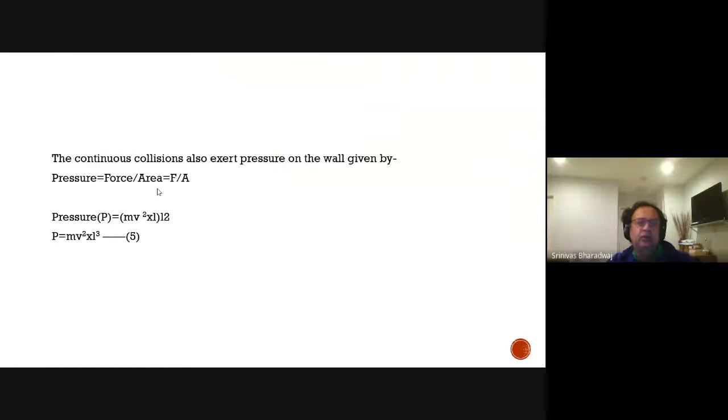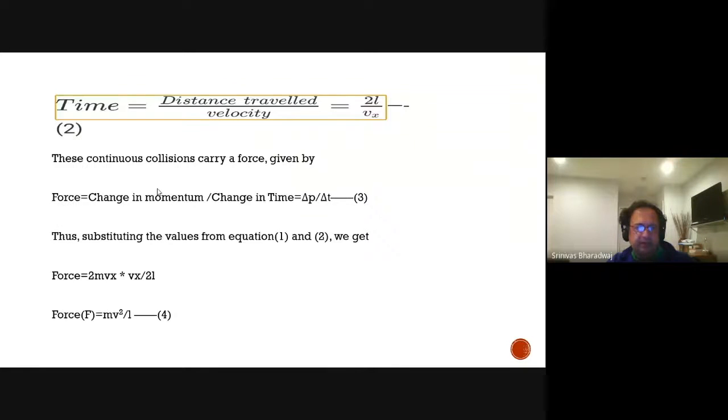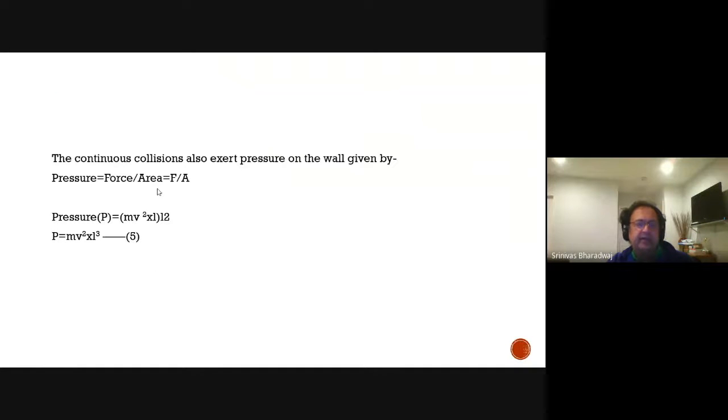Now the continuous collisions also exert pressure on the wall. So that is the force. The force divided by the area will give you the pressure. So the force we calculated, m v square by l, you divide that by l square, and you end up with m v square by l cubed, or m vx square by l cubed.